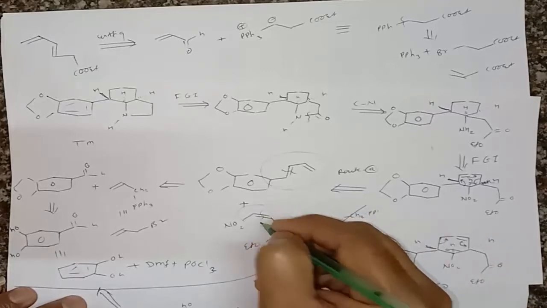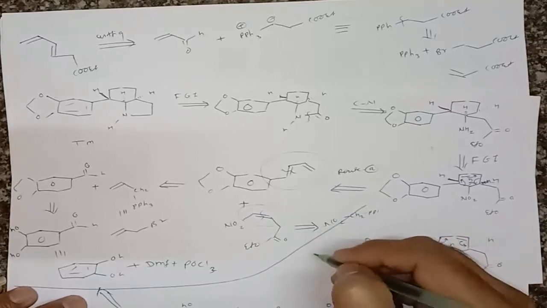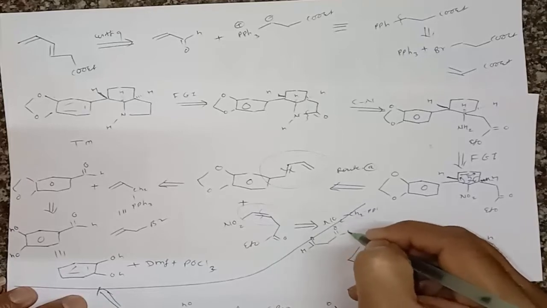That means if we break the bond at this position it gives this compound, and along with it gives formation of HC double bond O CH2 then COOEt.